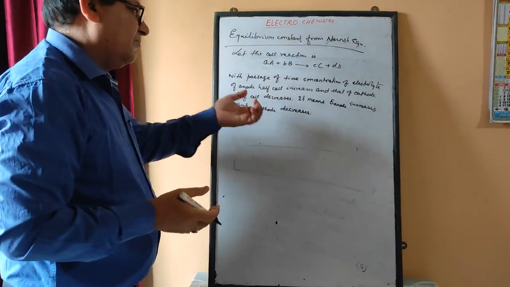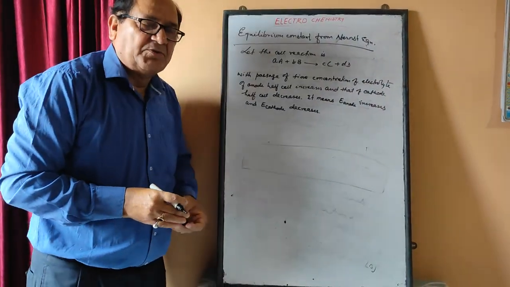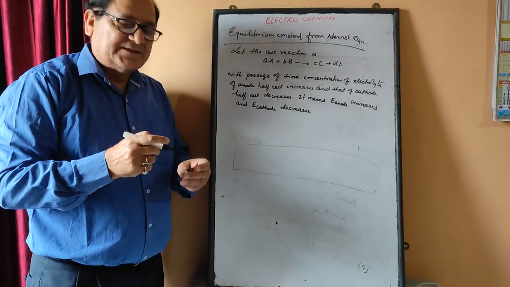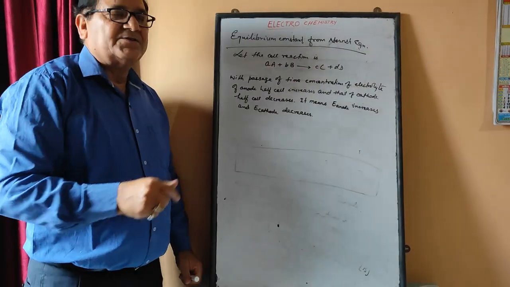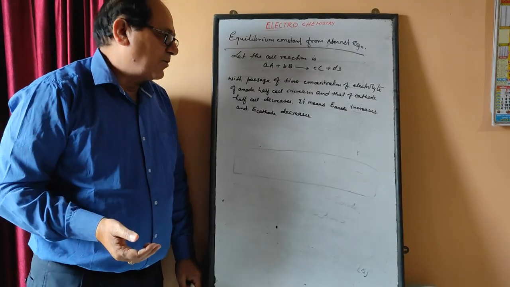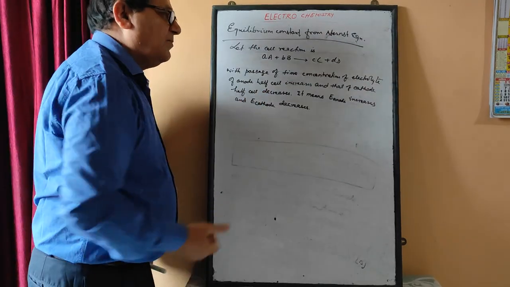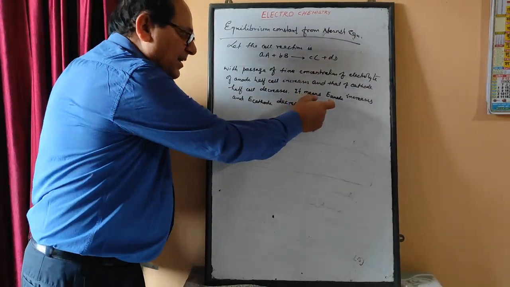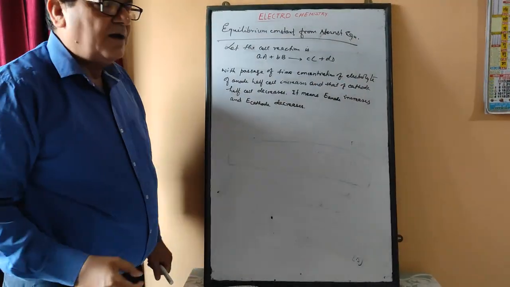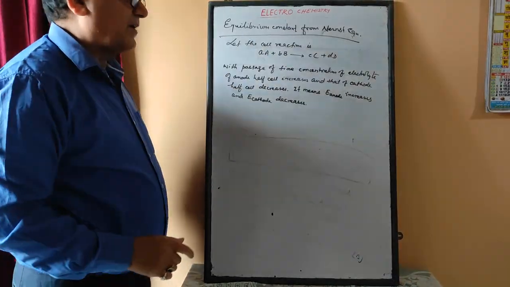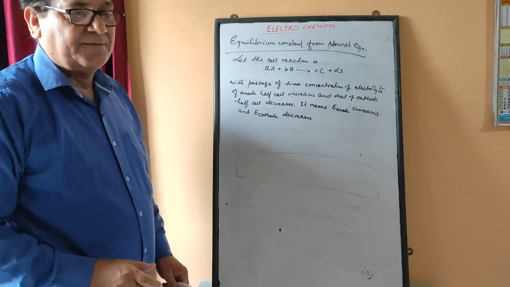Naturally, as we have read on the basis of the Nernst equation, as concentration of electrolyte increases, electrode potential increases, and as concentration of electrolyte decreases, electrode potential decreases. So with passage of time, the electrode potential of anode increases and the electrode potential of cathode decreases.